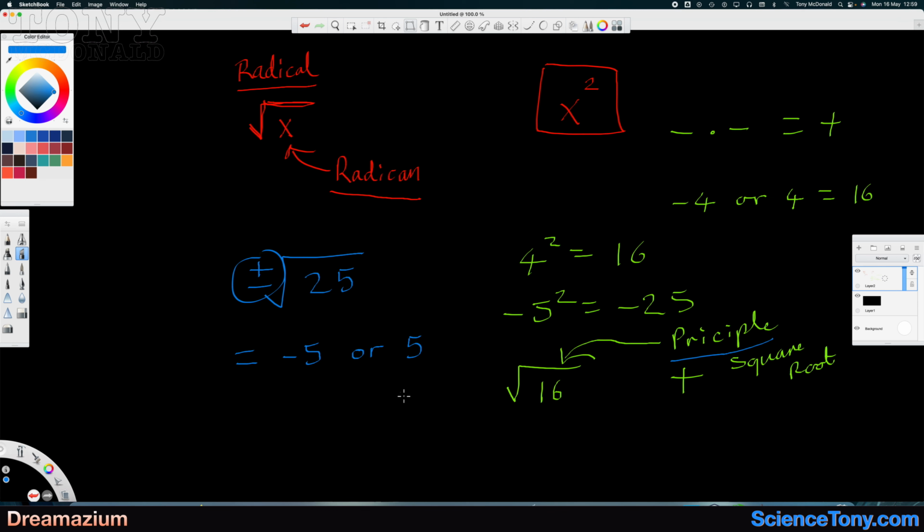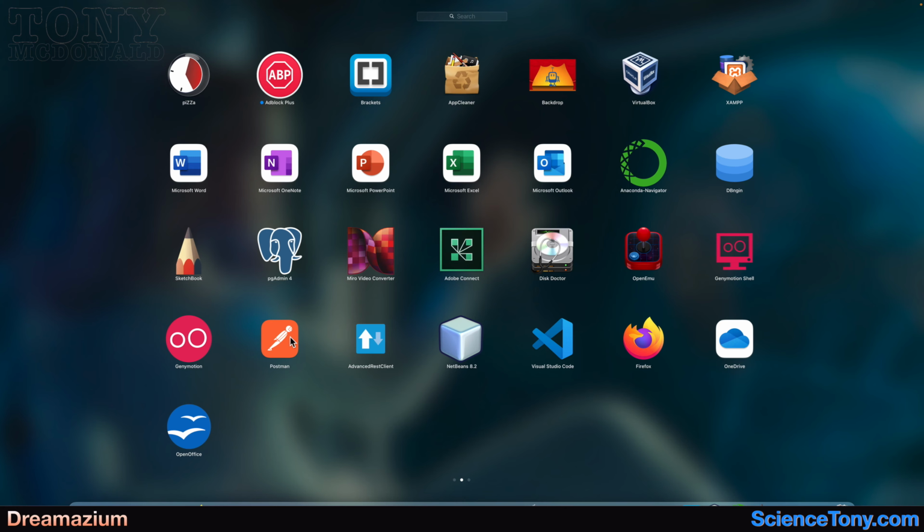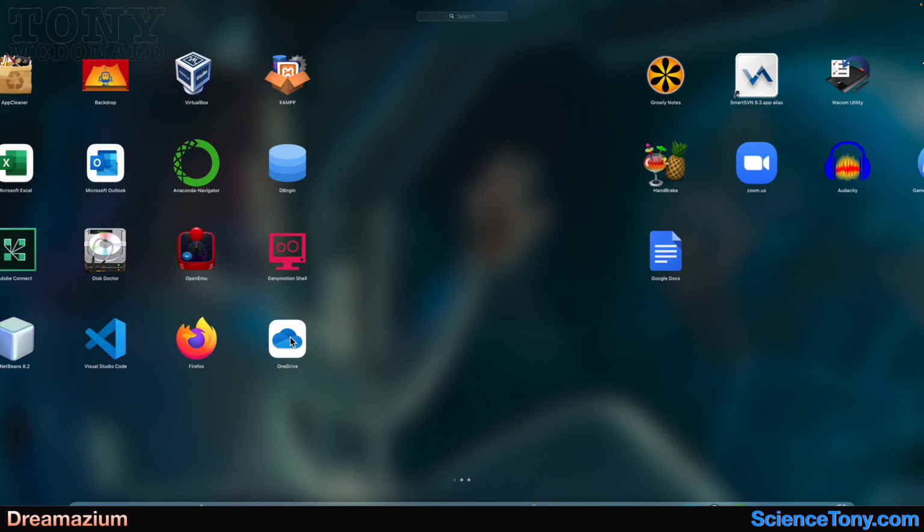I know that you could take square roots of other numbers, like the square root of 7. If I did that with a calculator, let's have a look.